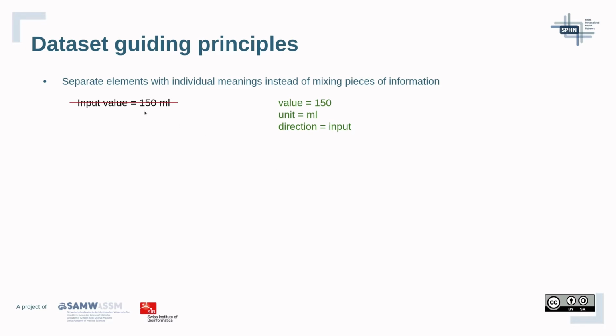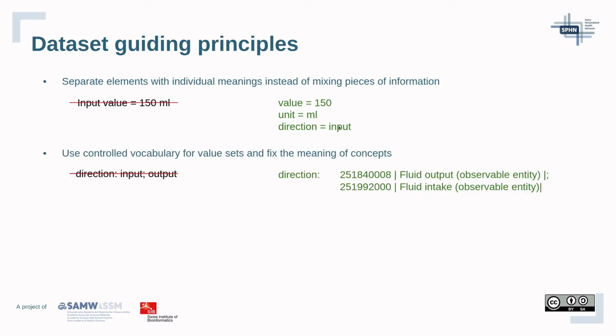So the first thing to do is to separate the elements with individual meanings instead of mixing all those pieces of information. So for example, if you have an input value of 150 milliliter, the SPHN recommends to split it into a value, a unit information, and the direction of this information, where here, for instance, it is the input.